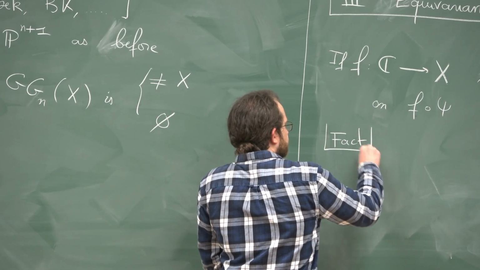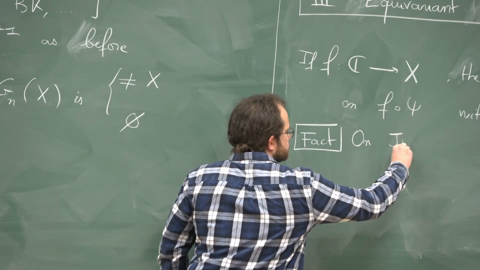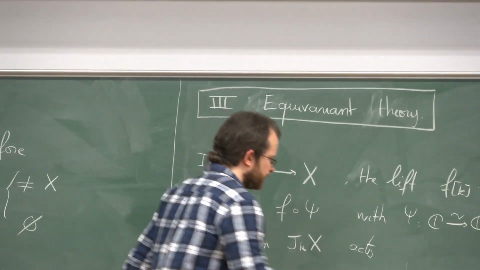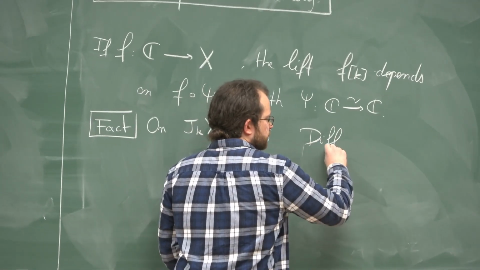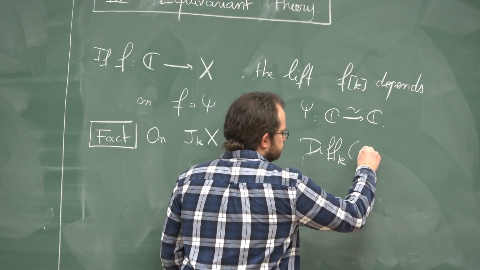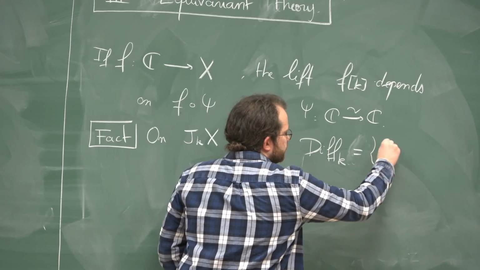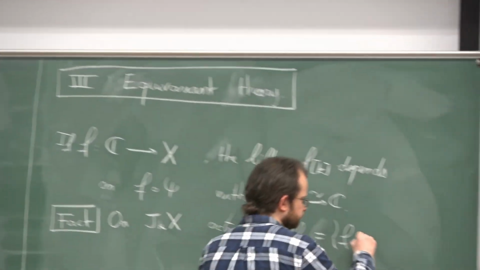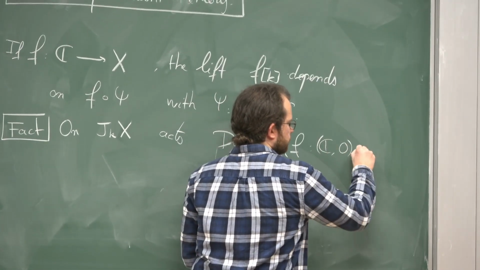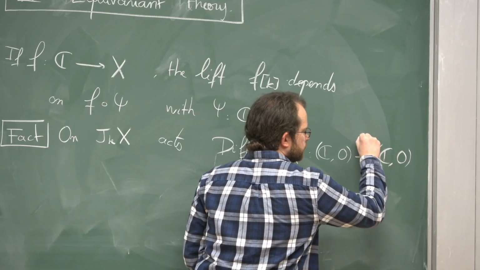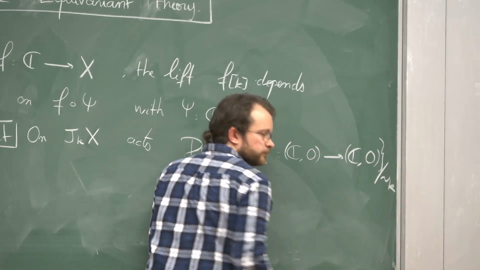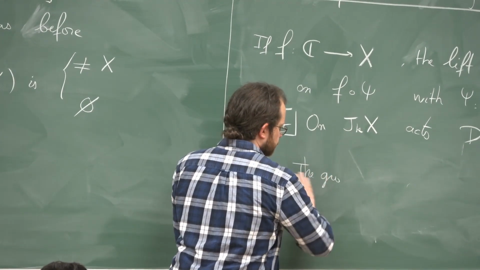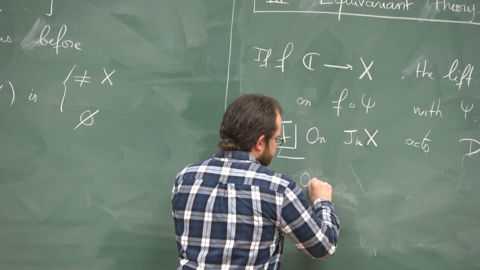And so I will just finish with that. On the space J_k I introduced before, there is a group that acts, and this is the group that we call Diff_k, which is the group of biholomorphisms of the germ of C at 0 up to order k. And this group is highly non-reductive.